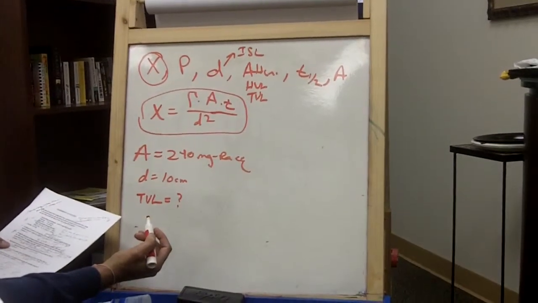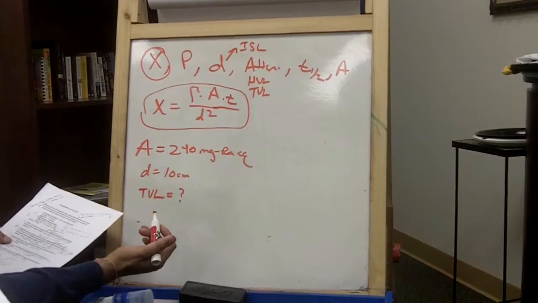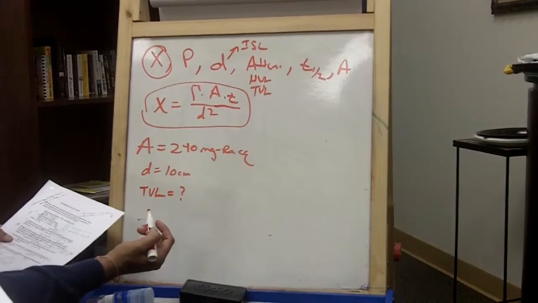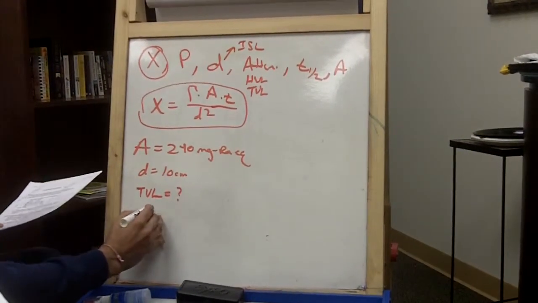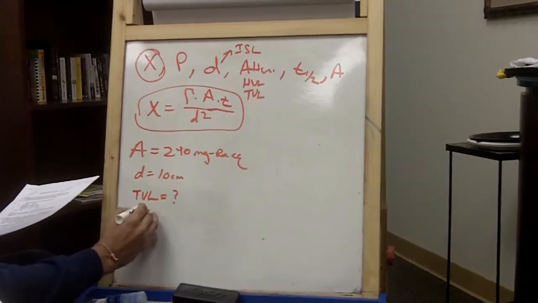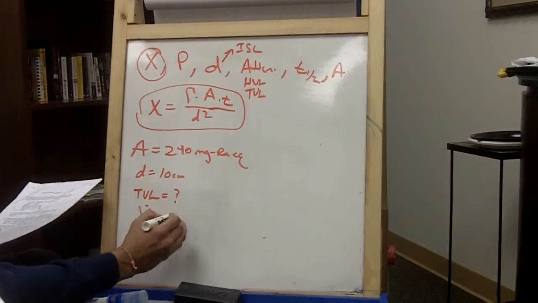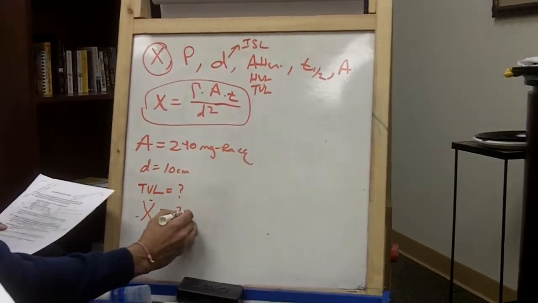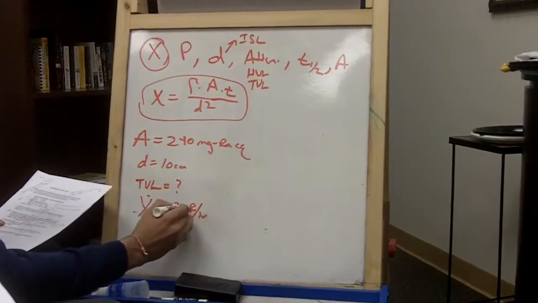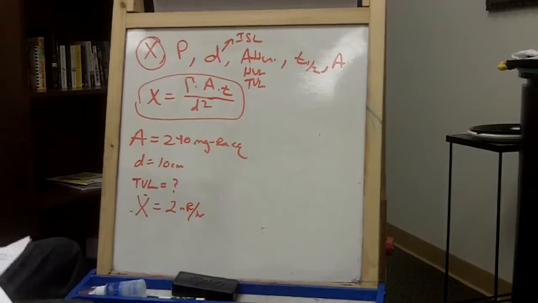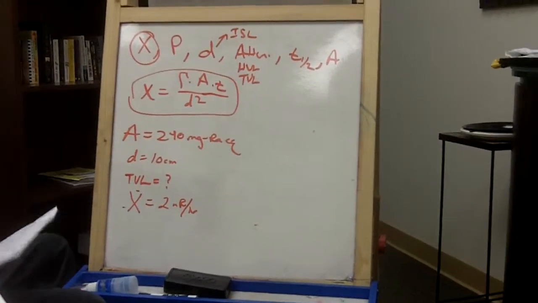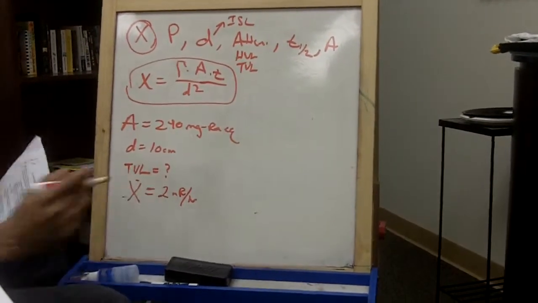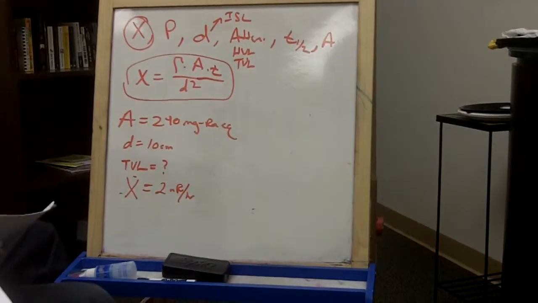And we want to reduce the exposure rate, in this case X dot, to, let's just say for simplicity, equal to 2 mR per hour. It's really that or less.